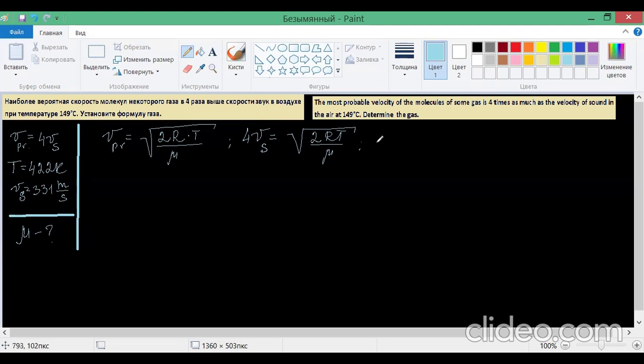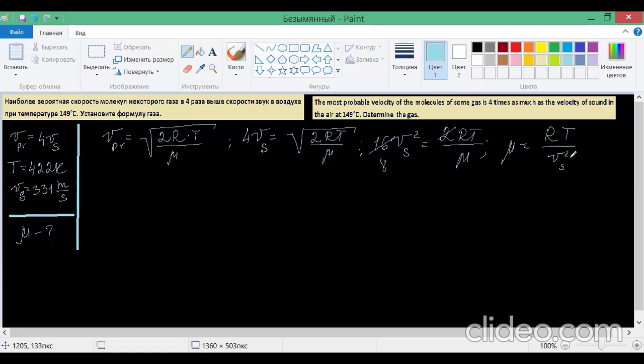Okay, in this case, we will get the following: 16 V sub S squared is equal to double RT over mu, right? In this case, mu is equal to RT divided by 8 V sub S squared, right?